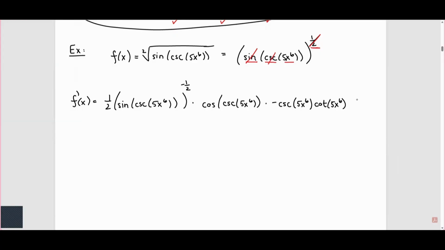This is the last derivative I need to take. I'm going to bring down the 6 and multiply it, so I get a 30x to the, decrease your exponent by 1. And look how we were able to do that just in one shot, right? I mean, there's multiple steps in it, but it's just one line of work. So that is a great way to think about the chain rule, that you're just peeling back layers as you're taking the derivative.